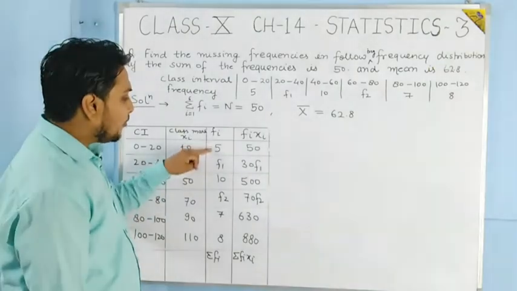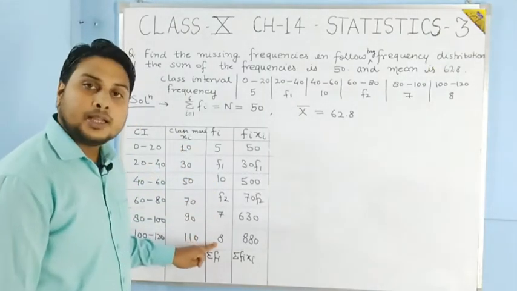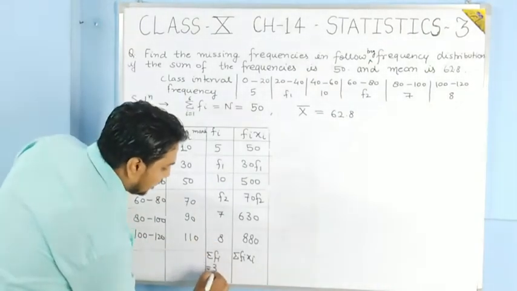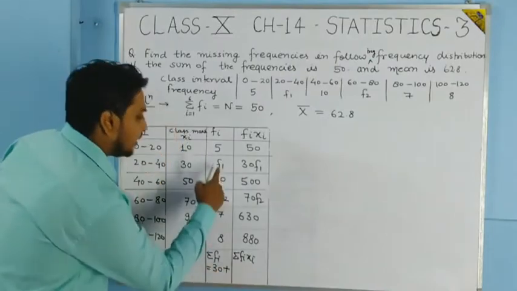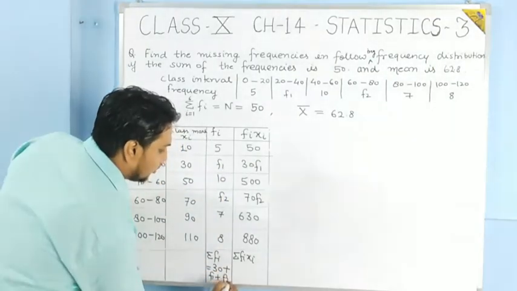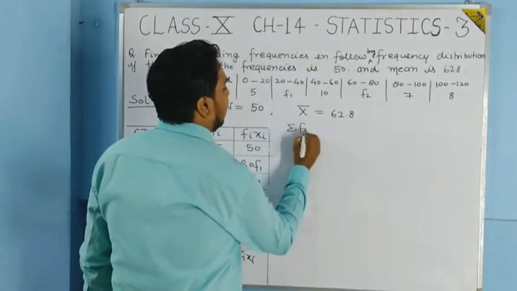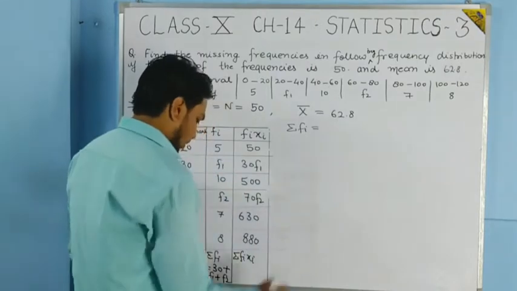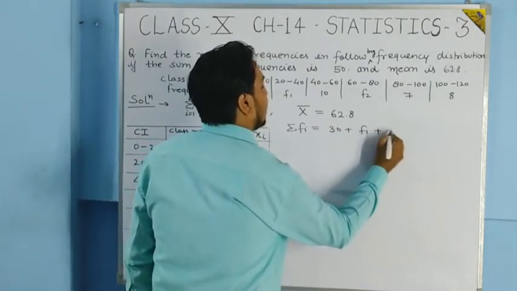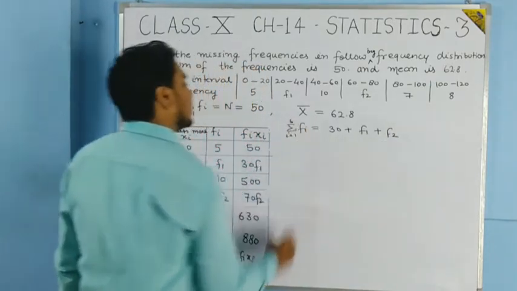And then we'll add 5 plus 10, 15, 15 plus 7, 22, 22 and 8, that is 30. So it will be 30 plus F1 plus F2. So basically we are having sigma Fi as 30 plus F1 plus F2, with i equal to 1 to 6.